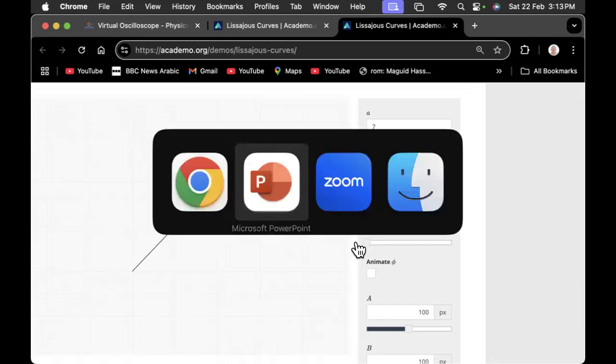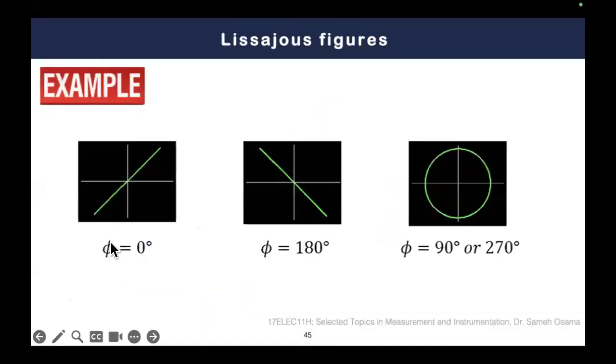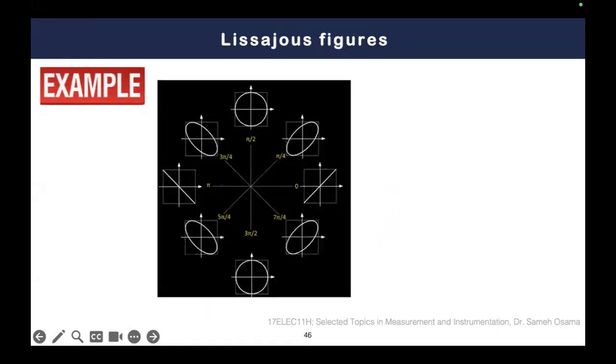So if we go to our slides here, this is 0, this is 180, and this is 90 or 270, as we already demonstrated. And here you can see a generic clock representation starting from 0, 45, 90, and so on, till we reach 0 again.